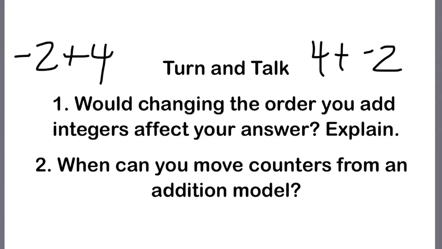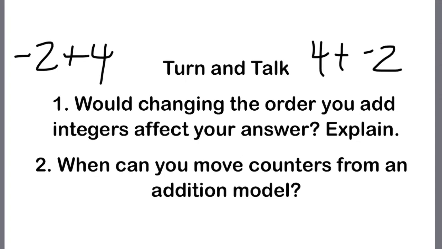As long as you understand that you are making zero pairs and putting together groups of positive and negative, they will still cancel each other out no matter if you put down the negatives first or second. The order only matters in subtraction and division.